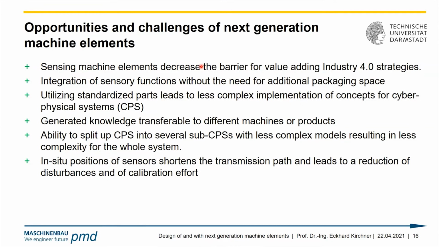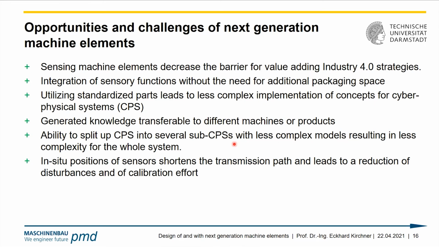And we also have the ability to split up a cyber-physical system, say a big transmission in an industrial plant, into several sub-cyber-physical systems with less complex models, resulting also in less complexity of the whole system, since we just assemble the cyber-physical systems of the shafts and make that a transmission.